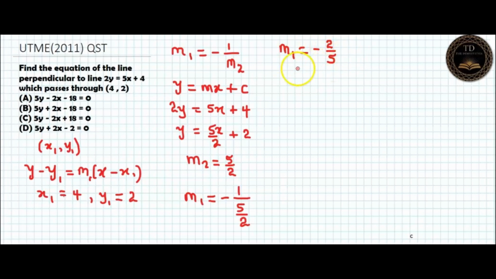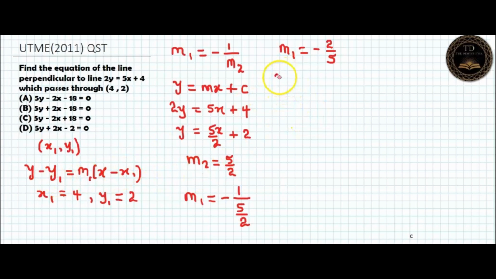Okay, so now that we have our m1, we have everything we need to get the equation of the line that is perpendicular to this line and passes through this point. Remember, this is the equation that we were trying to get, or the parameters in the equation that we're trying to get: x1, y1, which we got here, and then m1, which we just finally got. So we just put them in there and then rearrange.